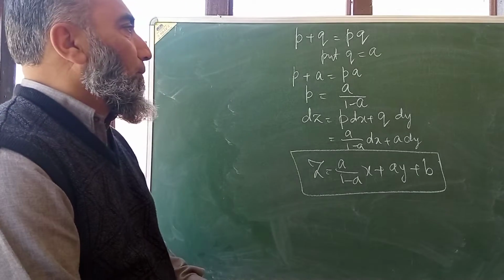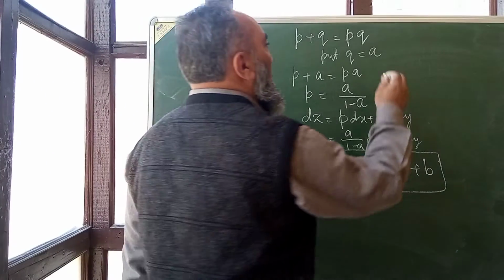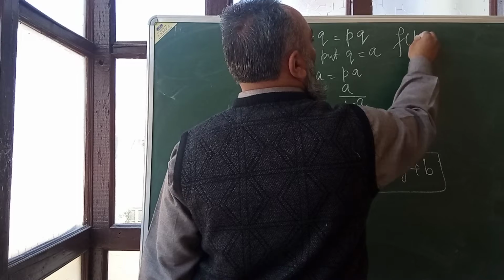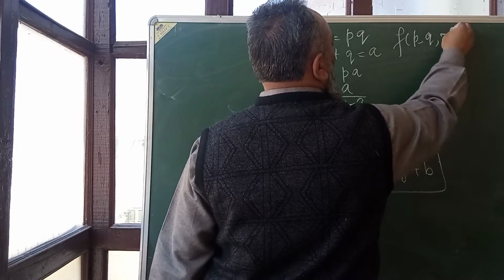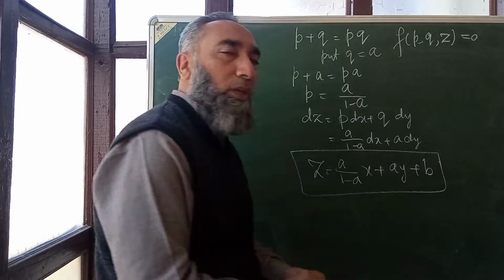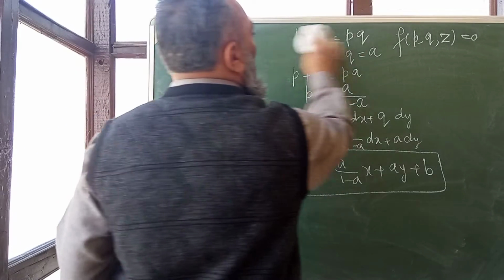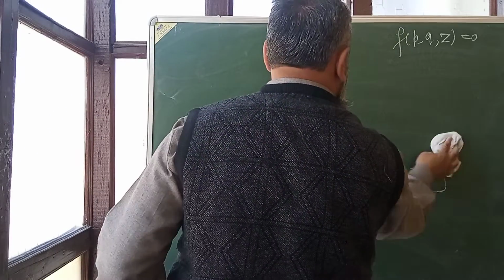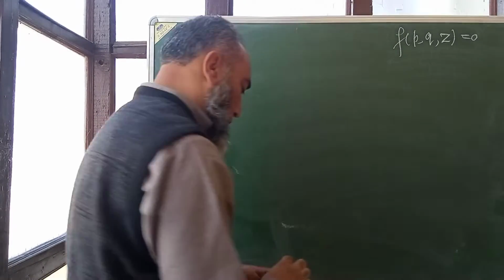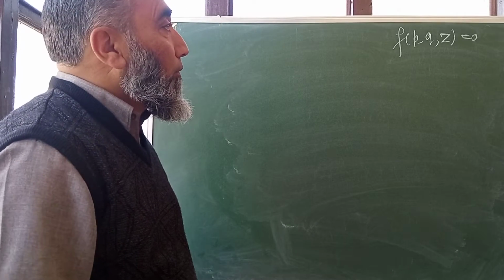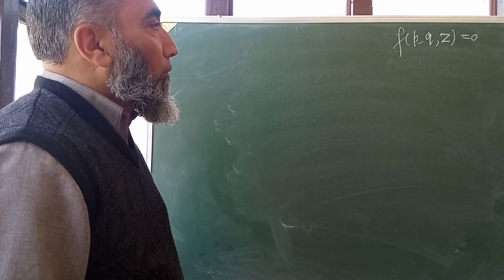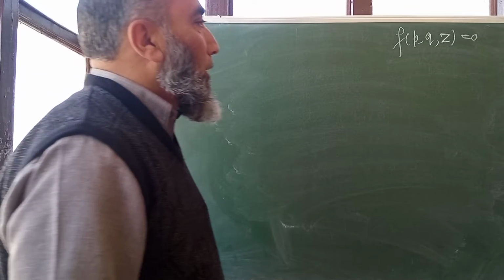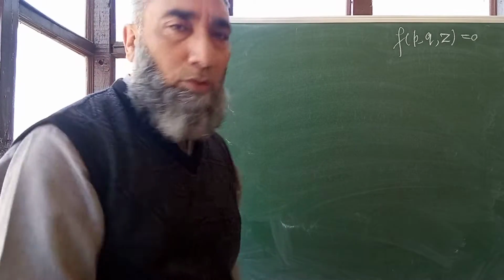This is very easy. Let me take up now f of p, q, and z equals 0. You have now three things: p, q, and z. So let me take up, see how to solve such equations.